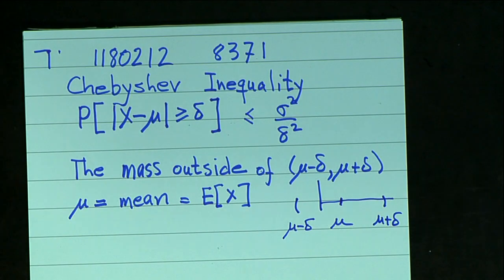Mu is the mean. So the probability mass outside this interval, that's what this calculates. That means the mass here and the mass there. Does that make sense?